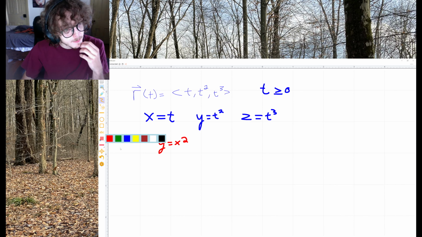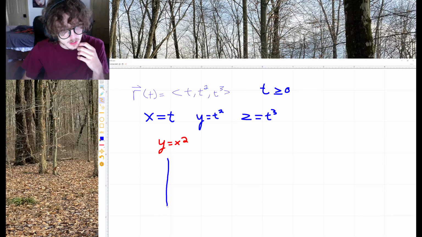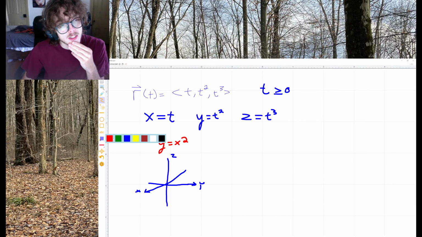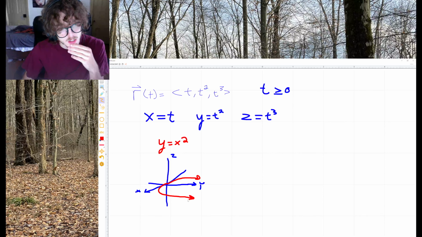In 3D, this is going to look like this. So we have the x, the y, and the z. If we draw just a trace of it, it's going to look like a parabola, but directed along the z-axis.